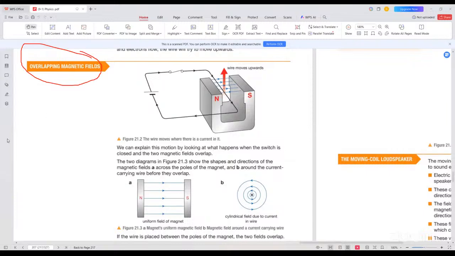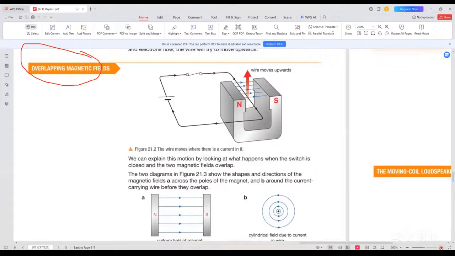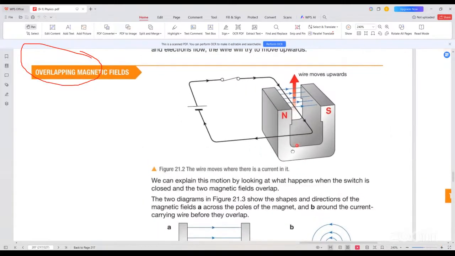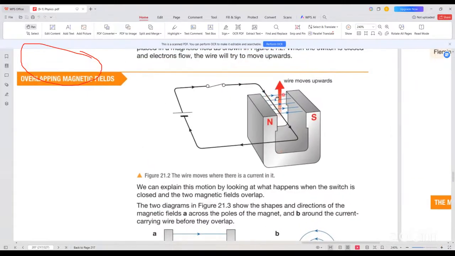So here, in order to explain this scenario, I'm going to use two different setups, but I'm going to combine them. So I'm having this sort of a magnet, right? Here you can see in this section, you are having a uniform magnetic field. These blue colored arrows represent a uniform magnetic field pointing from north to south, right?